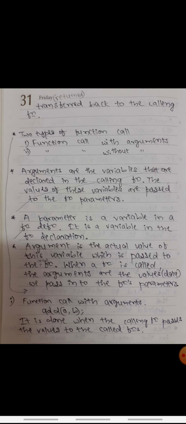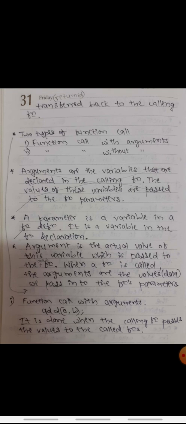So when a function is called, the arguments are the values or data we pass into the function's parameters. Before going to the two types of function call, function call with arguments and function call without arguments, we will see this here.